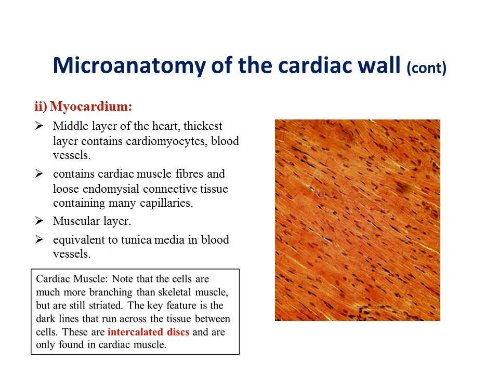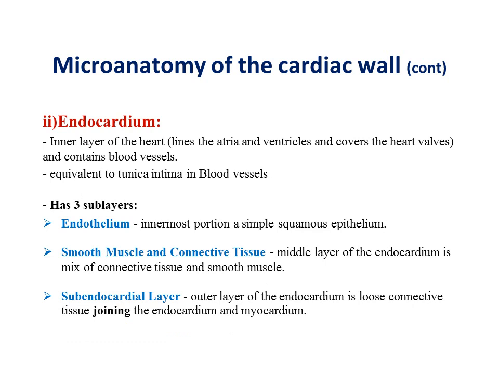The key feature characterizing the cardiac muscles is the dark lines that run across the tissue between the cells, and those are the intercalated discs, which are very essential for the contractility of the cardiac muscles. Very important to know this, and this characterizes the cardiac muscles, not other muscles.